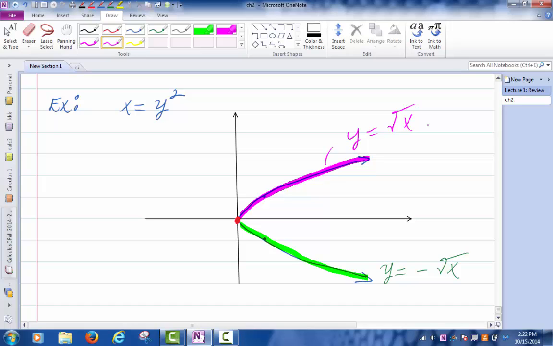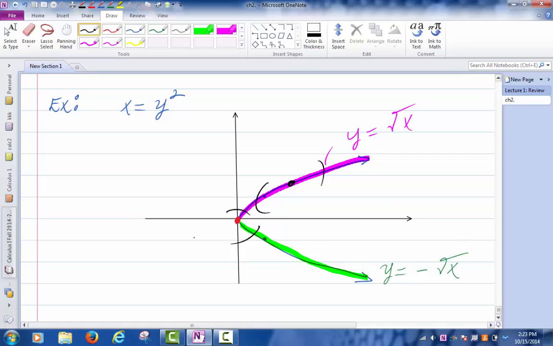Now, notice that if I pick any point which is not the red point, then you can always find a part of the graph where you can view y as a function of x, right? But if you pick the red point, no matter how small a portion of the curve you pick containing the red point, it cannot represent y as a function of x. Is that okay? Everybody is doing okay with that?